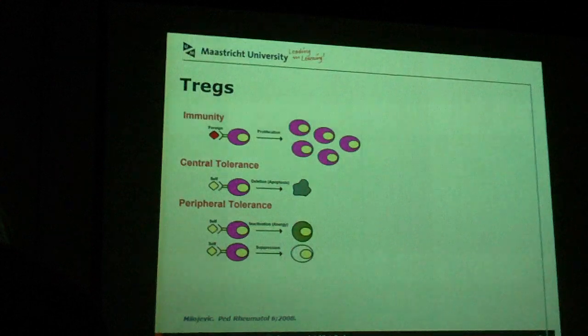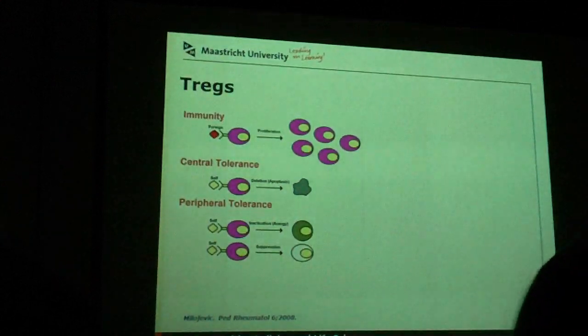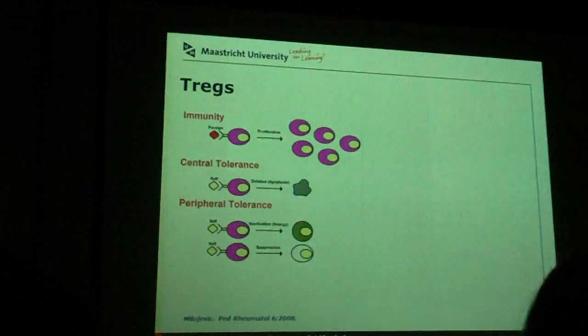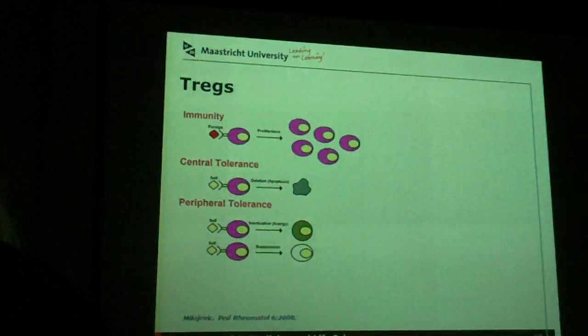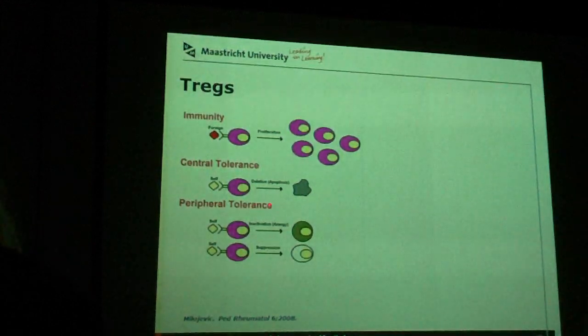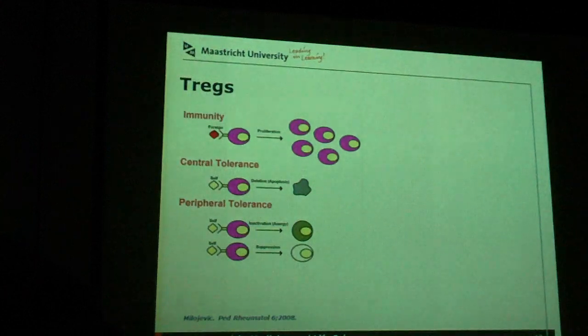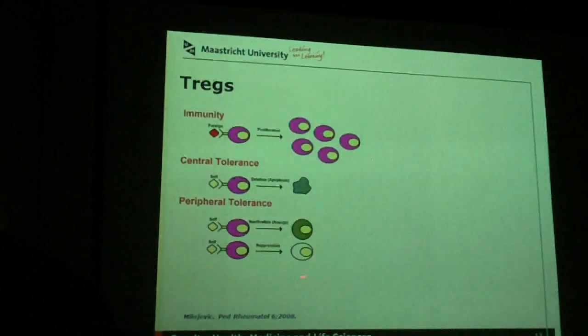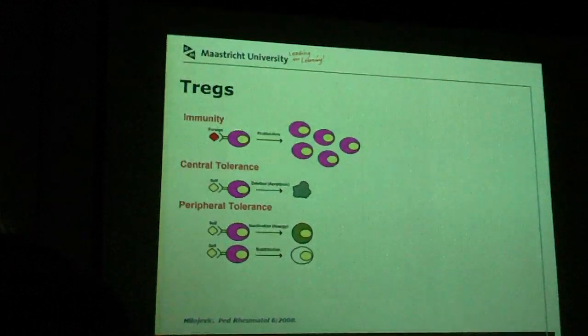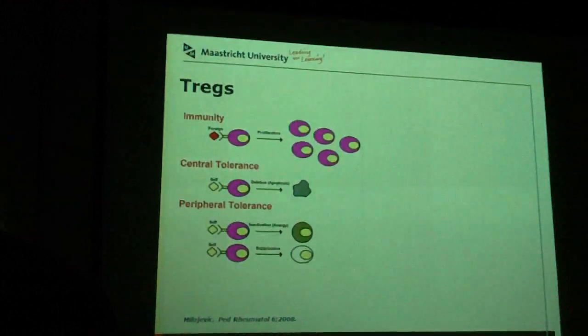Central means in the thymus, where the T cells are educated. However, this process is not completely sufficient. So some T cells will escape this mechanism and come into the bloodstream in the periphery. And therefore, you need additional mechanisms to keep these cells in check.